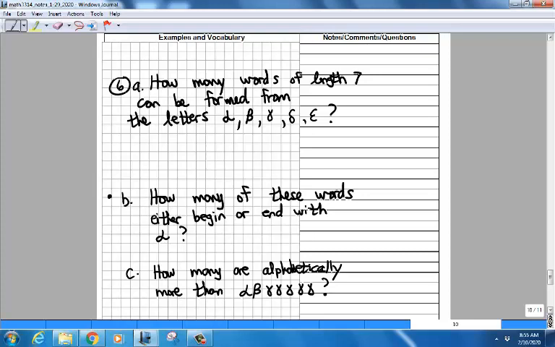You can get a word of length 7 right out of these 5 Greek letters. That's the first, alphabetically, the first 5 letters of the Greek alphabet: alpha, beta, gamma, delta, and epsilon. I think they'll show up in one of your sample test problems as well. The symbols, though, are not important as Greek letters until a little bit later.